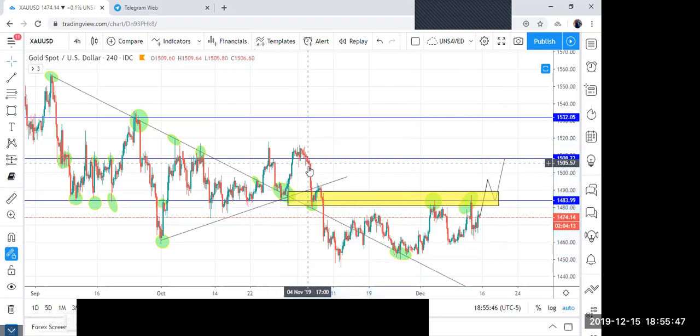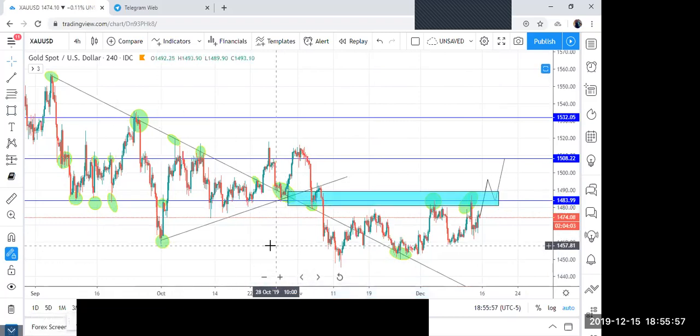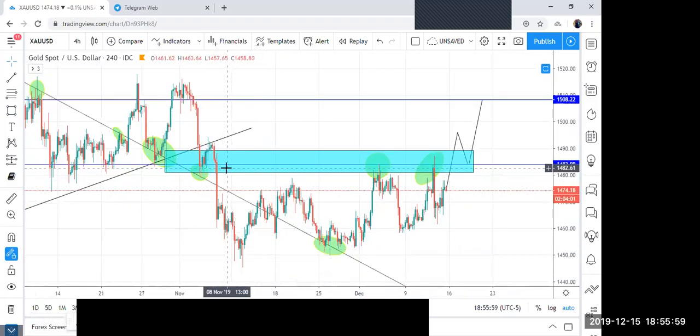I don't like a lot of junk on my chart. I really don't. This isn't how I draw zones. I just drew that there, right? So to show the difference between the 50 and the 60.